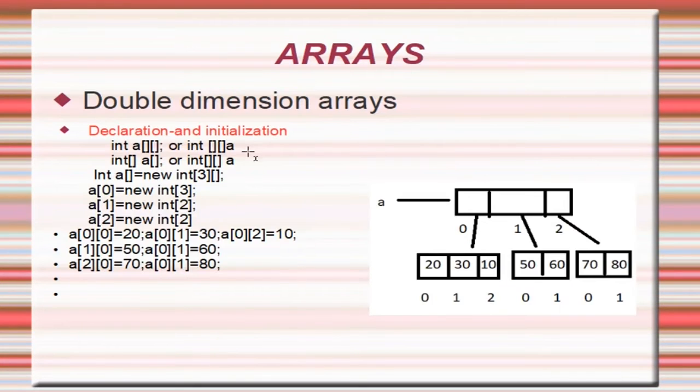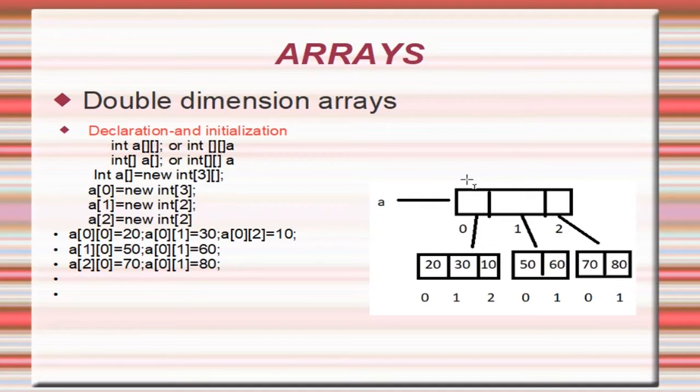Now we are learning about two-dimensional arrays, with two pairs of square brackets. Here, two-dimensional array means array of arrays. Each array is holding a reference to another array. This is one array, this is one array, and this is one, and these are also arrays.